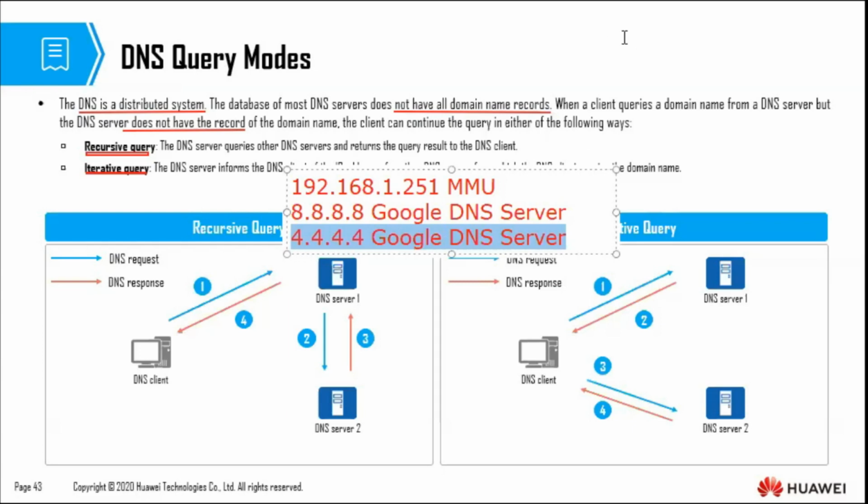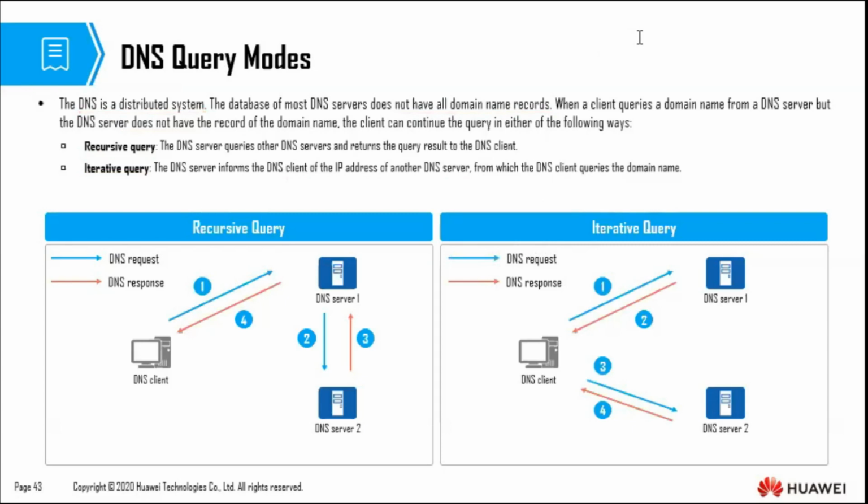So you can check in one of two ways. The first way you can check is what we call recursive query. In recursive query, the client, which is your machine, will send a DNS query to the DNS server: Hey, what is the IP address of Huawei.com? Now, unfortunately, the MMU DNS server does not have the IP address of Huawei.com.